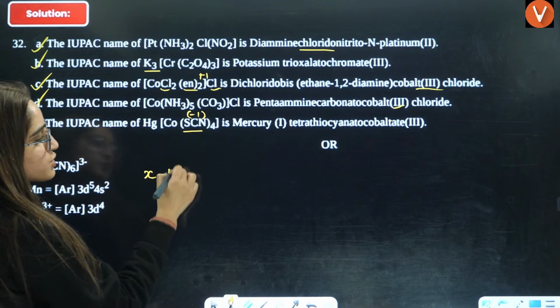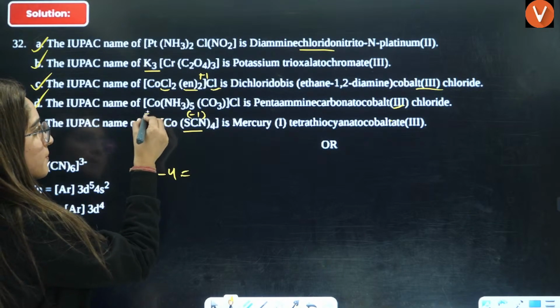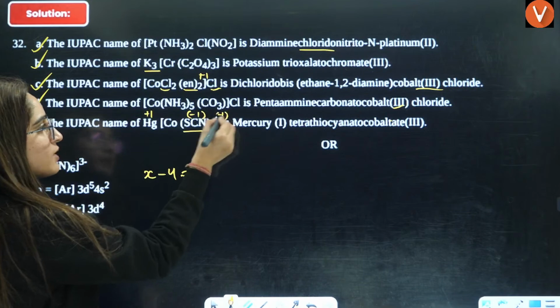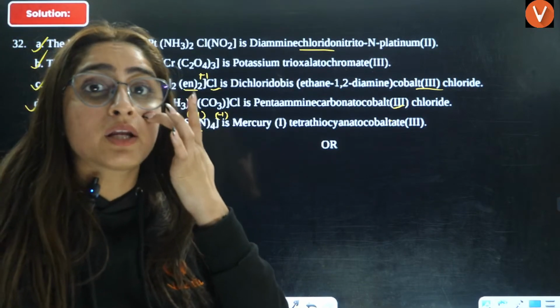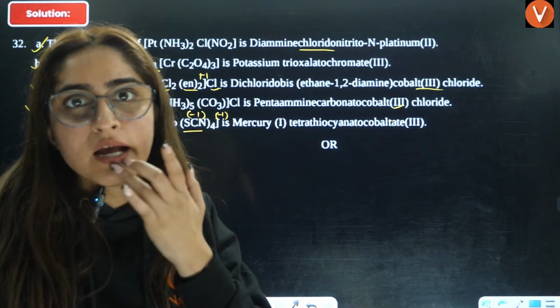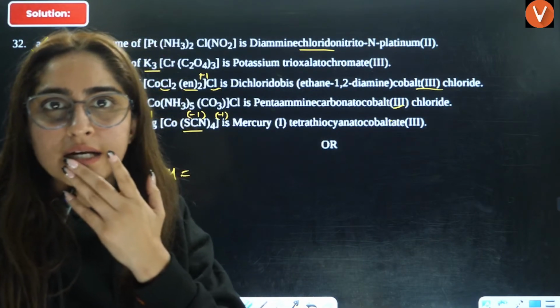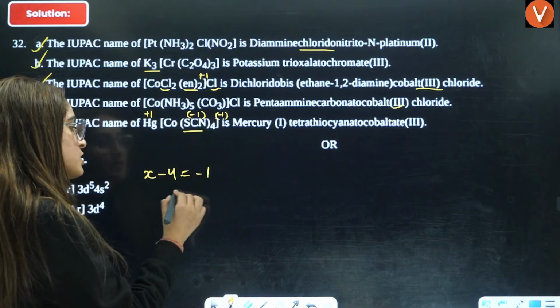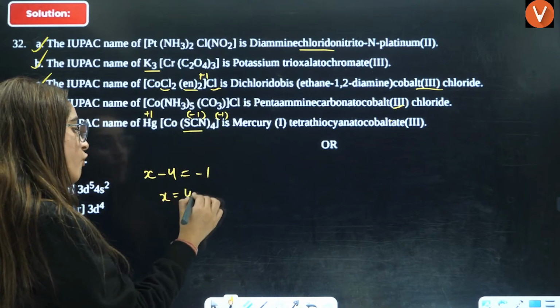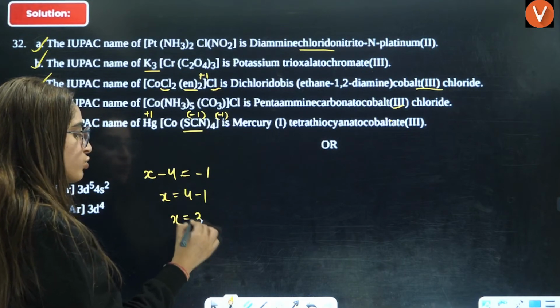So it will be minus 4, this is plus 1. This will be minus 1. Because here Hg is not in the mercuric state. It is in the mercurous state. So it will be plus 1. It will be minus 1. So it will be x minus 4 equals minus 1. X is equal to 3.